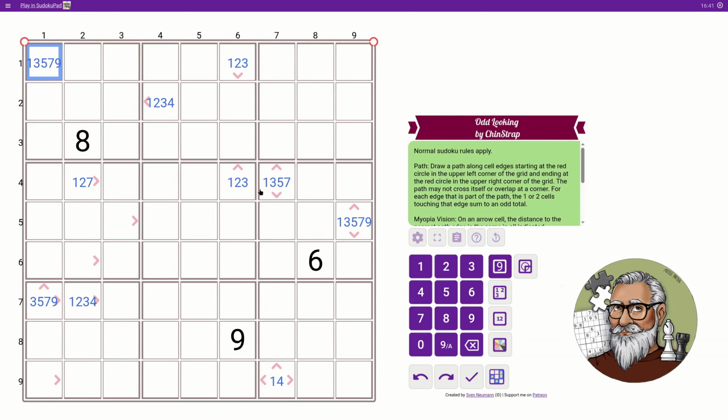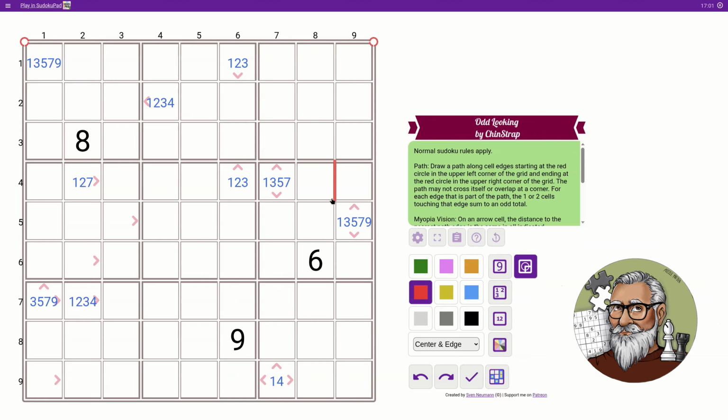Might be missing something, but I don't know what. Wish I could eliminate the 7. That would be great. Did I calculate that one correctly? 7 was here. 7 would just mean that this is 1.